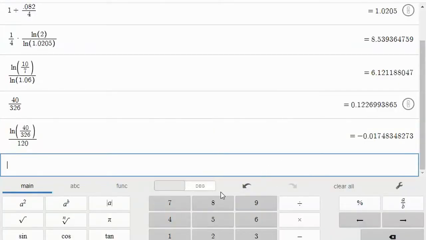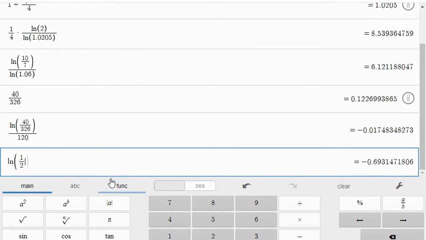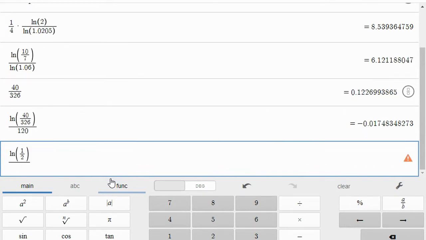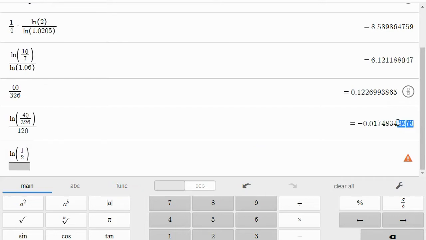Okay. So here we're going to do natural log of 1/2 divided by, I need to divide it by this whole decimal here. Control copy.